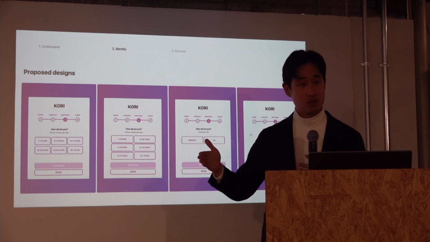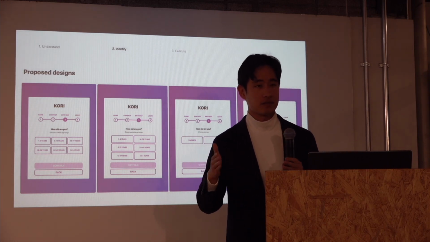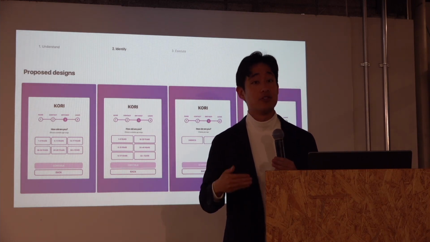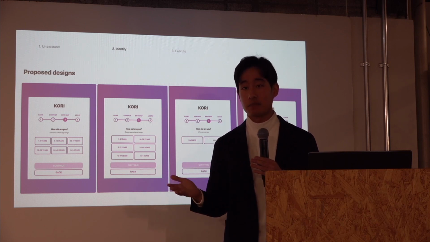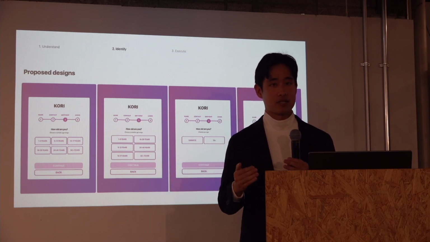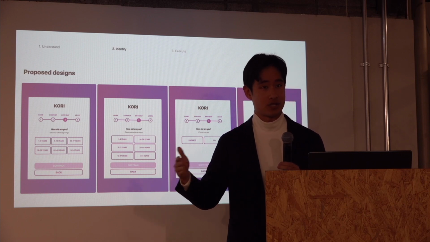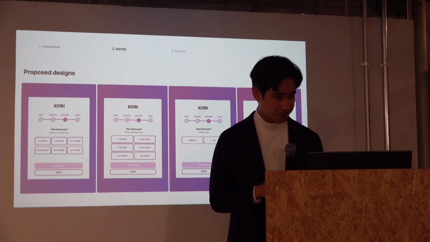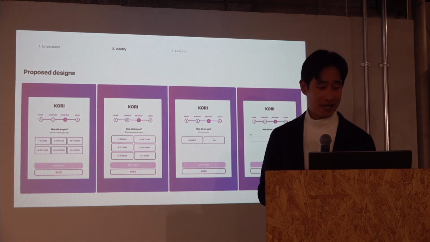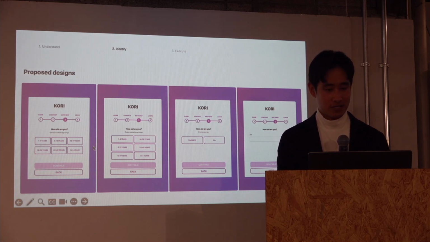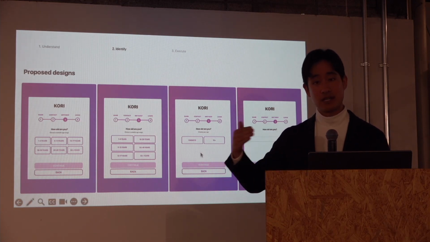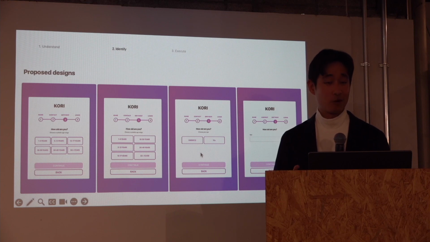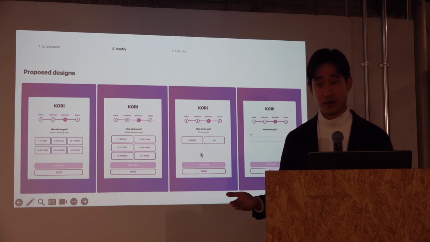Likewise, we bucketed the ages, and we said that, hey, based off of user research, we know that people know how old they are. They might not know what their birthday is, but the main thing for us is that we want to make sure that people are over 13 when signing up for a social media app. And so that was the prevailing idea behind these first 2 designs. The third design took it one step even further and simplified it down to a simple, are you under 13 or are you over 13?